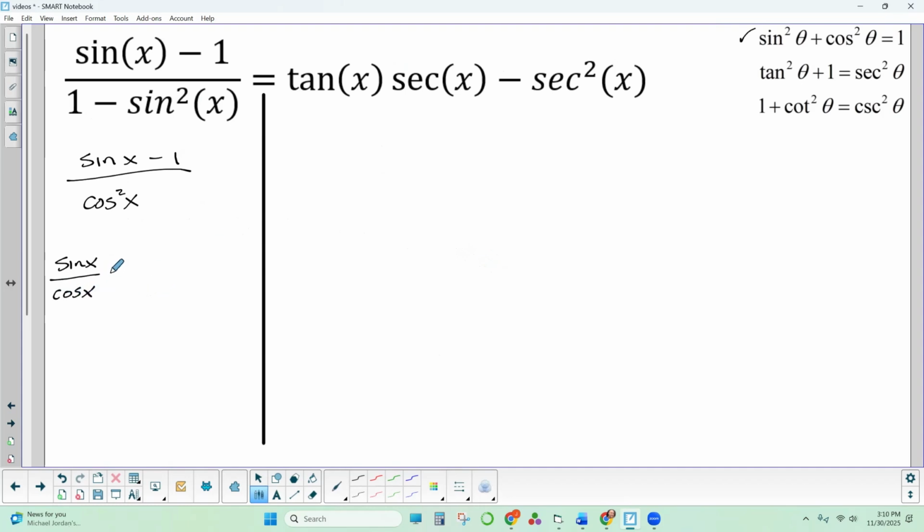And then if I multiply that by 1 over cosine x, I have sine x over cosine squared x. But I also have this minus 1, so I need to subtract 1 over cosine squared x. Okay? So now if we look at this, this is all equivalent to what we have up here.